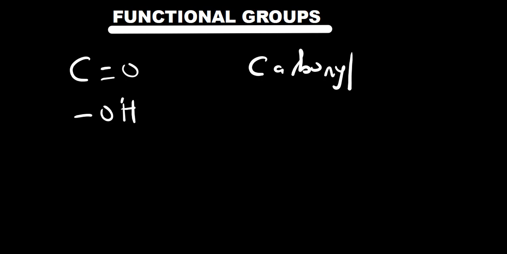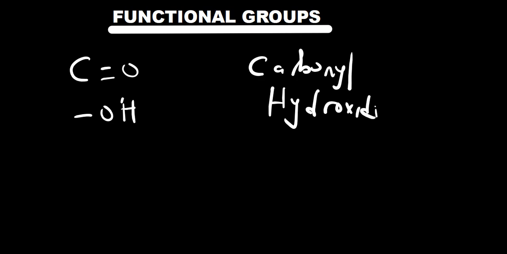Let's talk about other ones. If you've got carbon which is double bonded to oxygen, this one is called a carbonyl. Then if you have a minus OH there, this one is called a hydroxide.